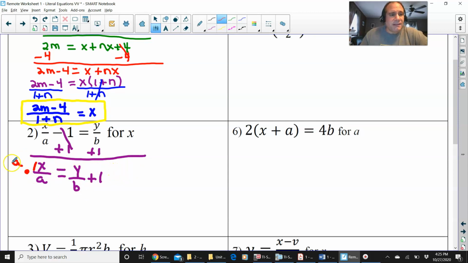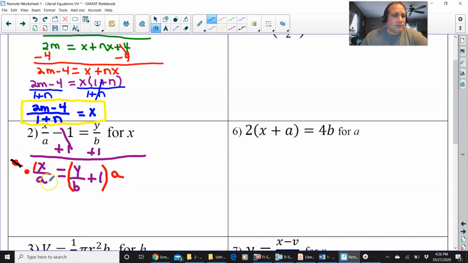But if I multiply this whole thing by a, I have to multiply this by a. We're going to use big parentheses and put the a. You can put the a over here or over there. When I rewrite it, I'll rewrite it correctly.